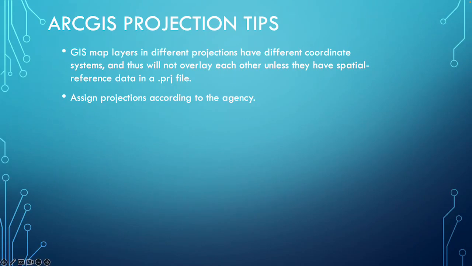So don't do that. The other thing is that different agencies, even within the federal government, there's no standard projection that the federal government uses. So you may be mixing census data with geographic data from the Department of the Interior, all of which may use a slightly different projection. State data, there's a state plane system, which I find very annoying. I don't know why it still exists, but different states created their own coordinate system.